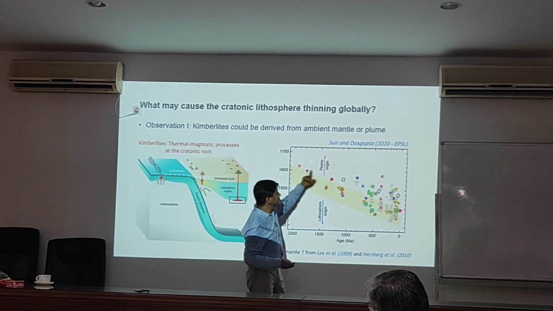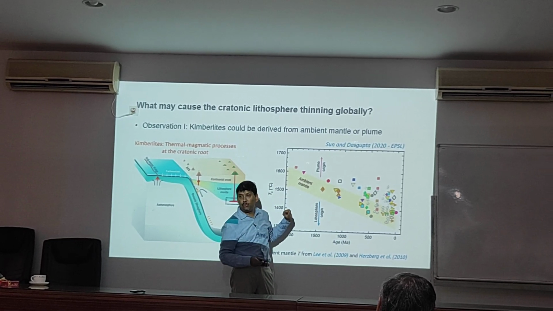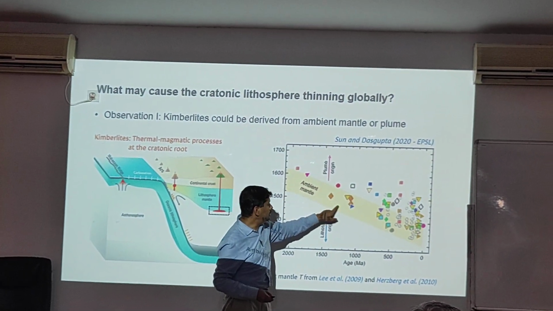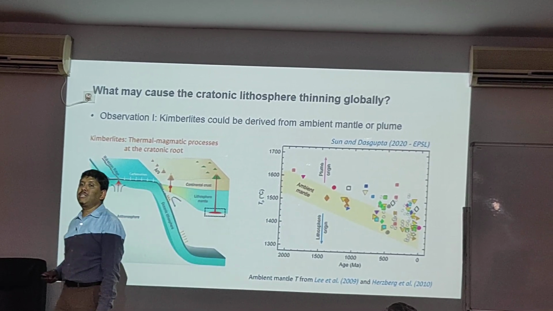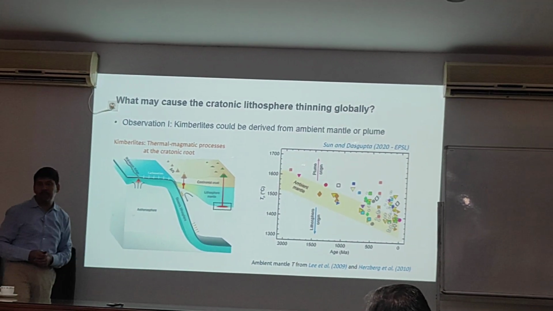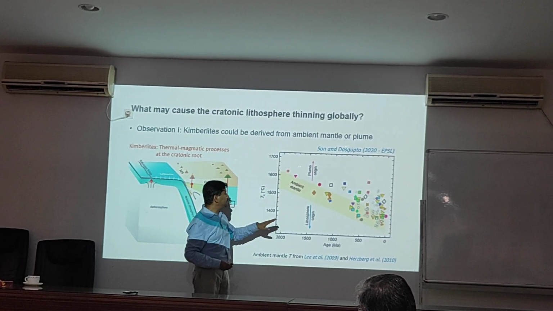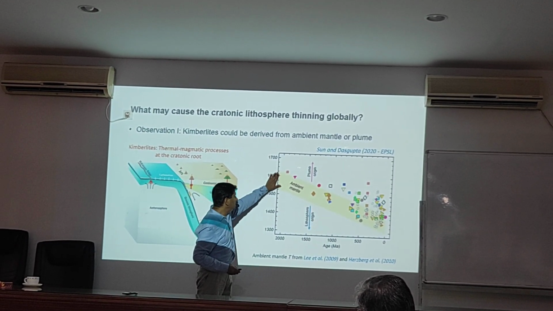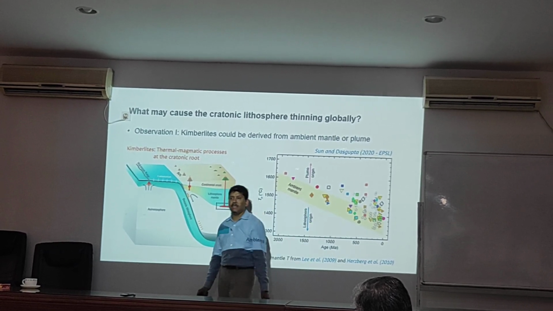What all these data points are, are those kimberlite-based mantle potential temperatures we estimate. What I'm plotting for comparison is the ambient mantle potential temperature evolution based on Herzberg's work, which suggests that there may have been a secular cooling of the mantle, coming from much hotter mantle temperatures at earlier times to relatively cooler temperatures at the present day.